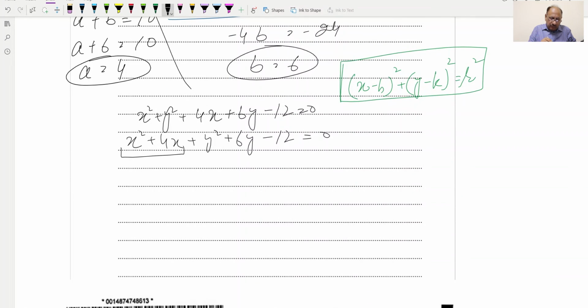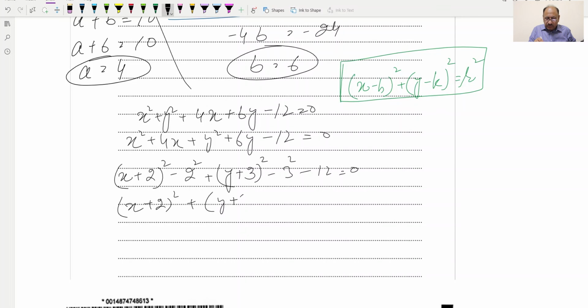For the first section we can write x plus 4 by 2, which is 2, so (x plus 2) squared minus 2 squared, and for the other section we can write plus (y plus 6 by 2), which is 3, so (y plus 3) squared minus 3 squared, minus 12 is equal to 0. Now we can rewrite it as (x plus 2) squared plus (y plus 3) squared, and this will be 4 minus 9 and minus 12, which is minus 25, so we can write equal to 25.